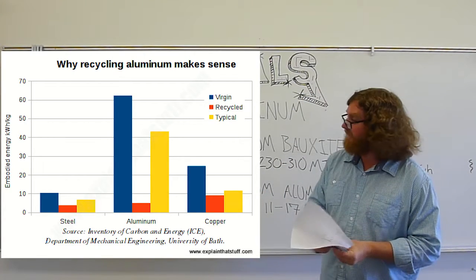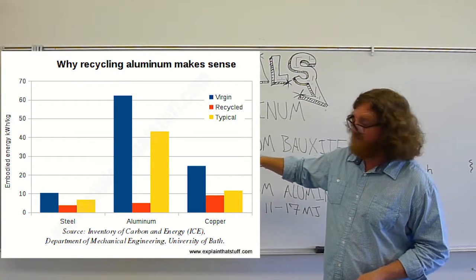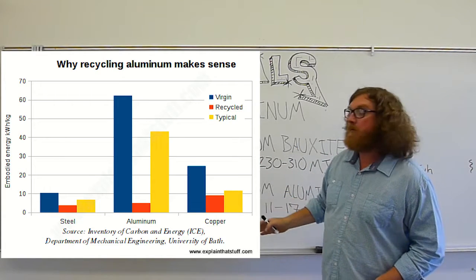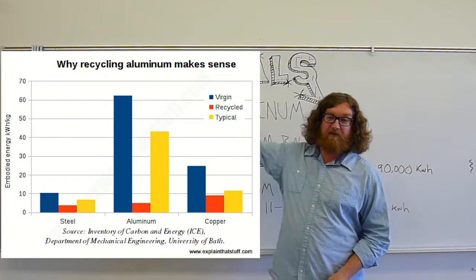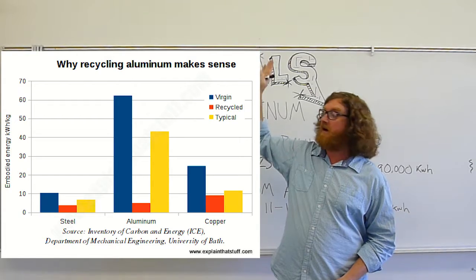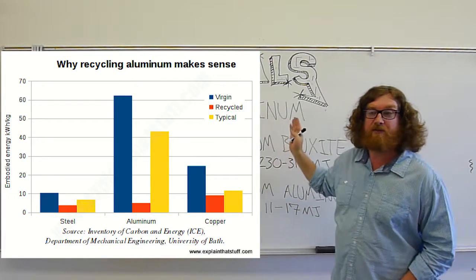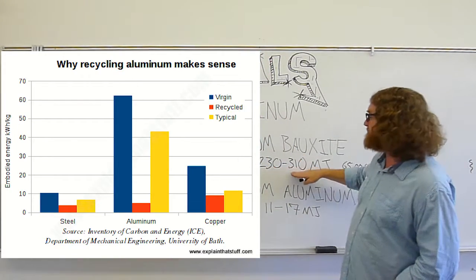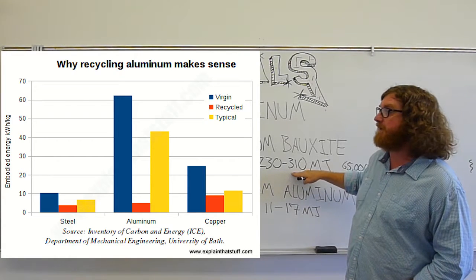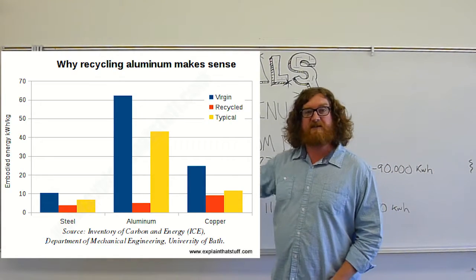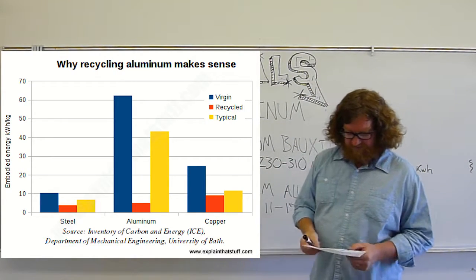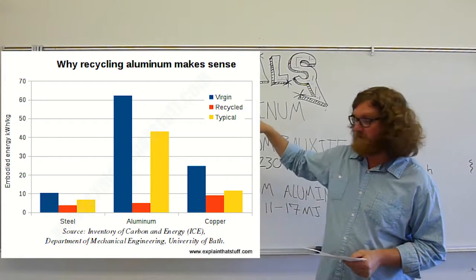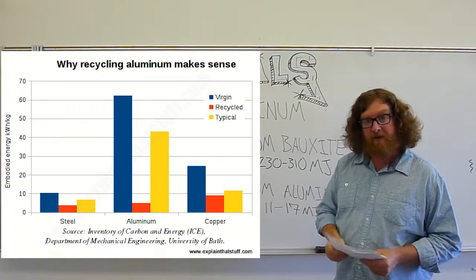So you can see steel on the left, aluminum in the middle, copper on the right. Aluminum has this massive blue spike, higher than any of the other things, right? It's so expensive to make aluminum from bauxite that in many cases it's cost prohibitive, right? And so you can see to create it from recycled is much, much lower.